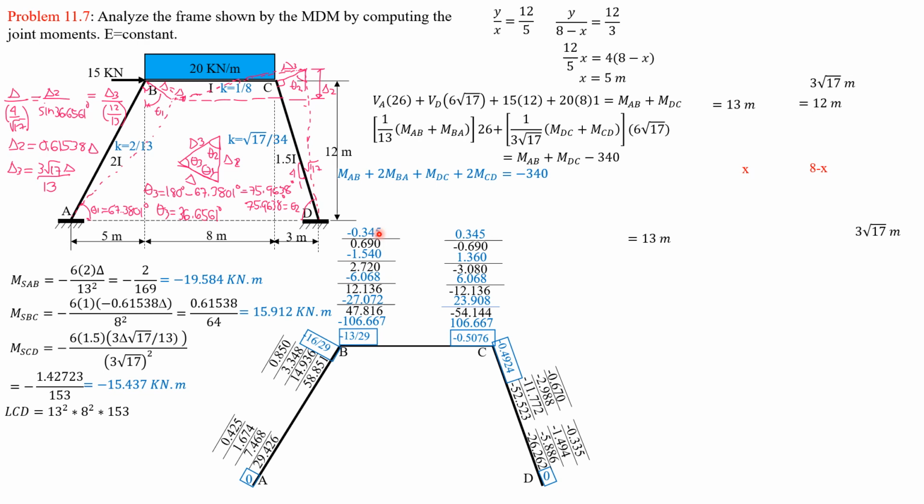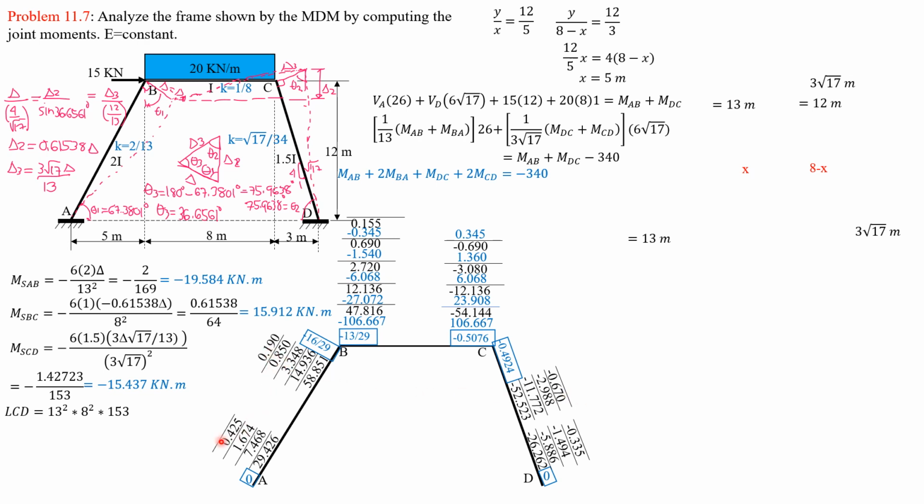Distribute negative 0.345 times negative 13 over 29, 0.155 lakh partially. Negative 0.345 times negative 16 over 29, 0.19 lakh partially. 0.345 times negative 0.5076, negative 0.175 lakh partially. 0.345 times negative 0.4924, put the value here, negative 0.170 lakh partially.